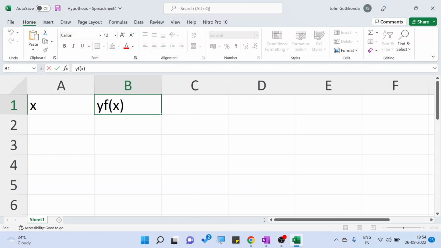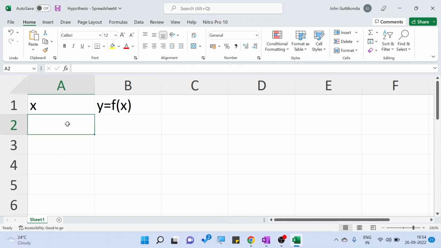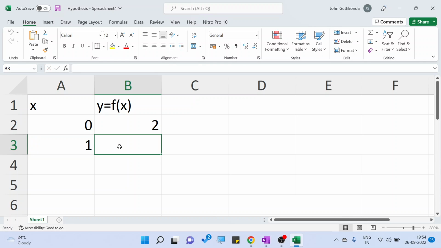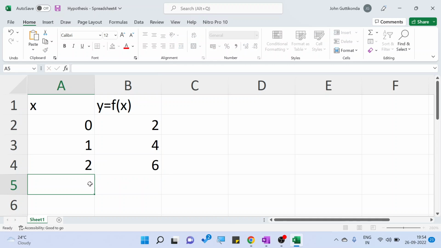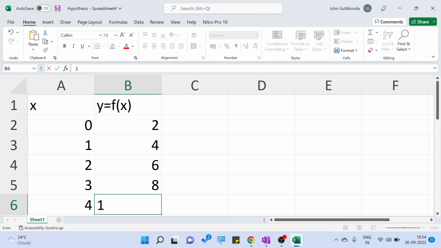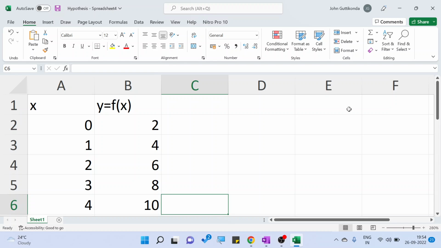So I may have this data. Suppose x is equal to 0, the y value is 2. When it is 1, it is 4. When it is 2, the y value is 6. And when it is 3, y value is 8. When it is 4, the y value is 10. So this is the data.